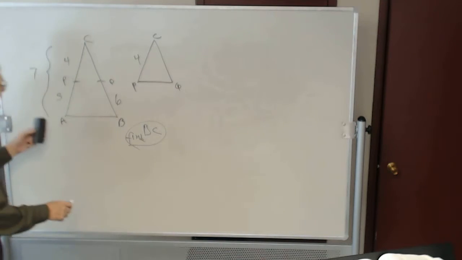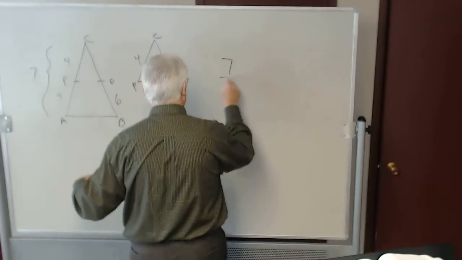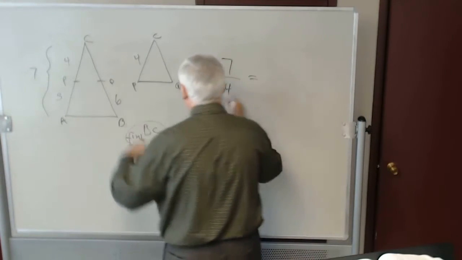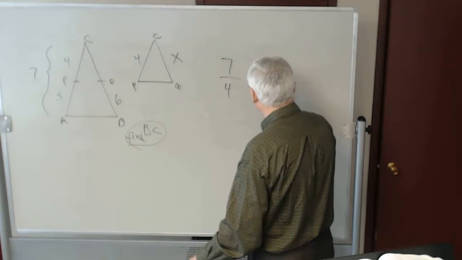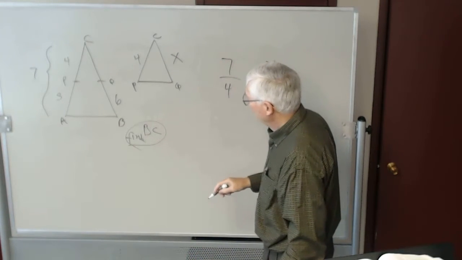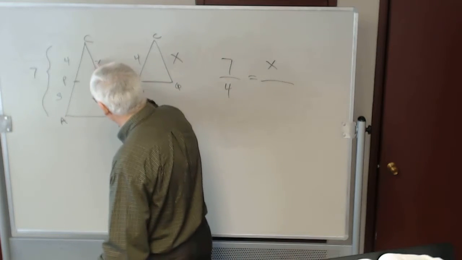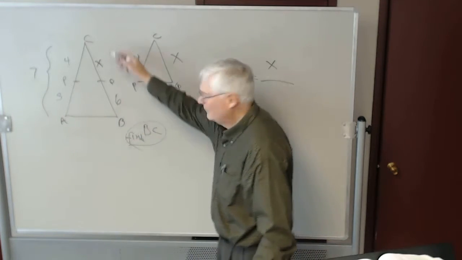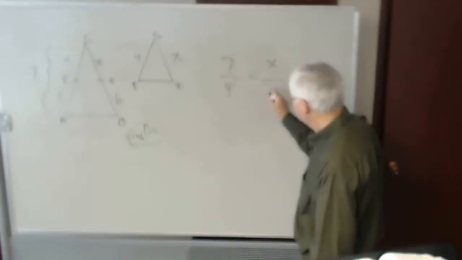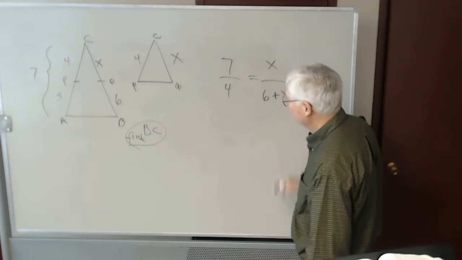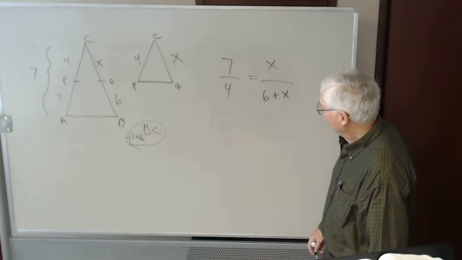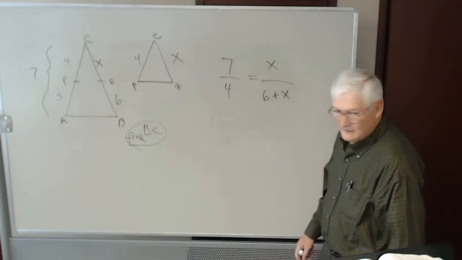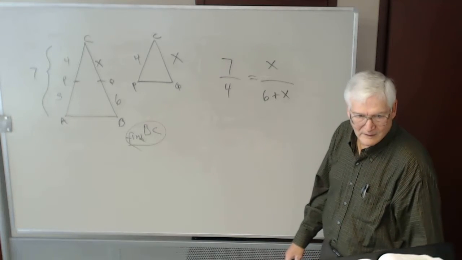So now we have 7 over 4 equals x over, if this is x, that's also x, right? X over 6 plus x? The sides aren't equal though, right?